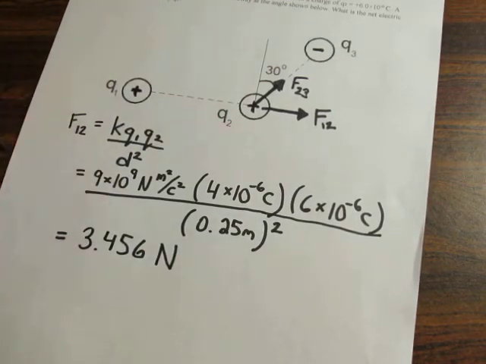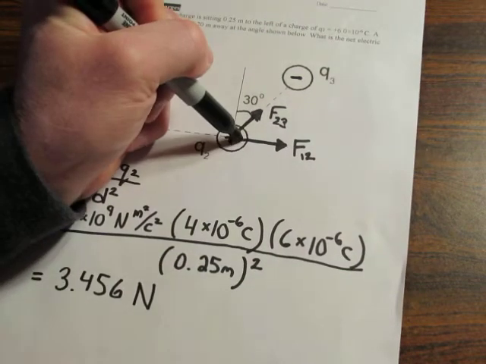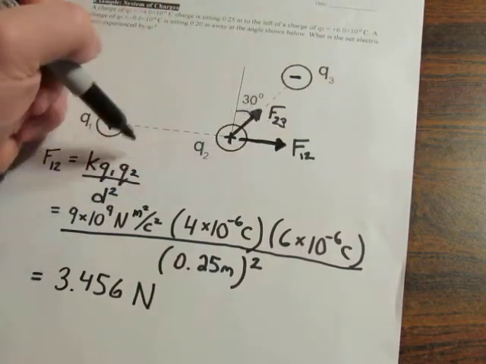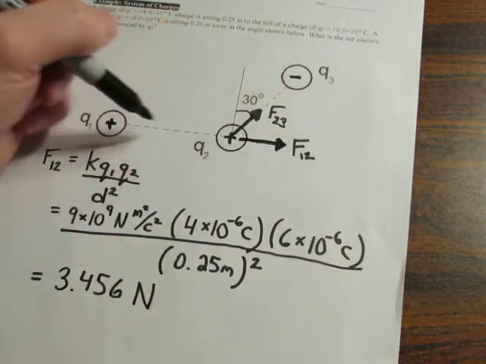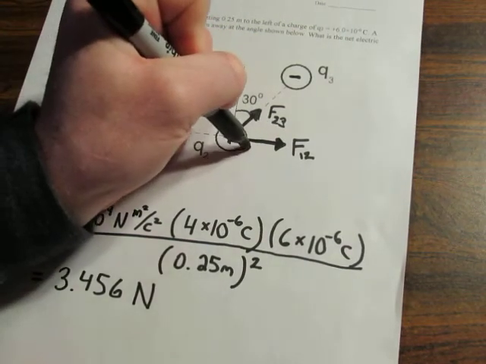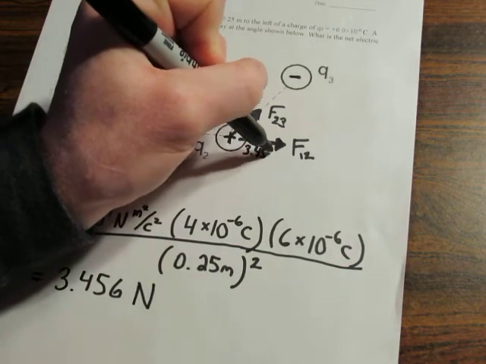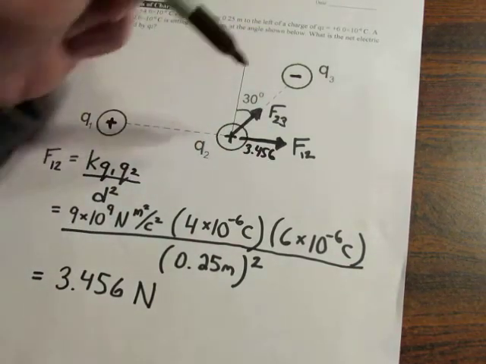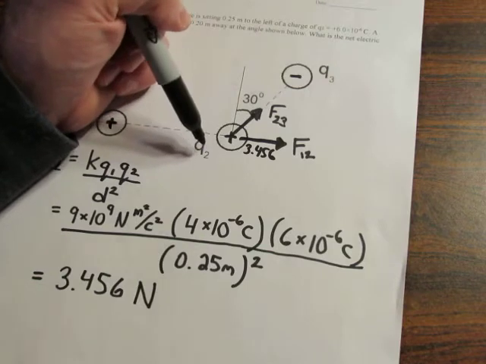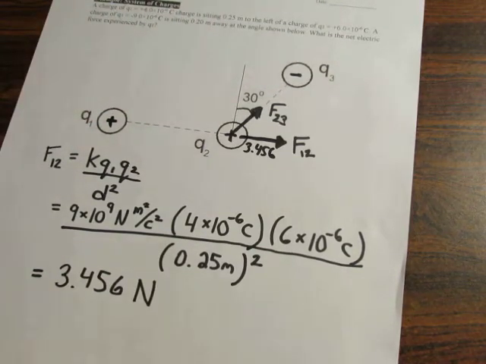So 3.456. So all that tells us, going back to the diagram, is that this force, the force that's caused by the repulsion of Q1 and Q2, is 3.456.